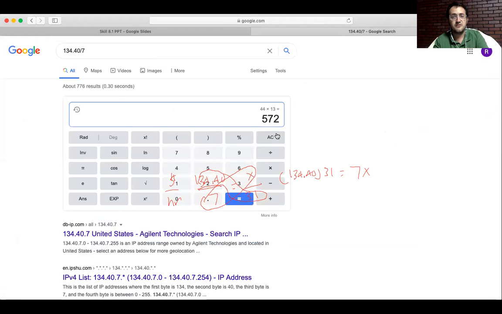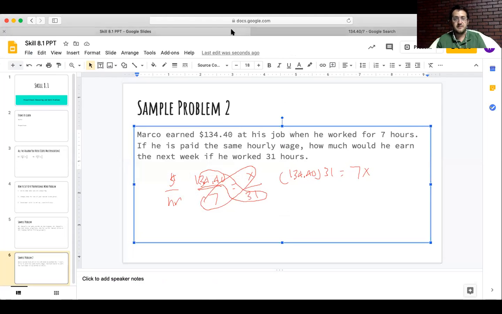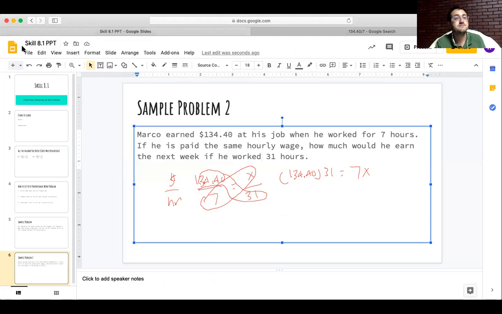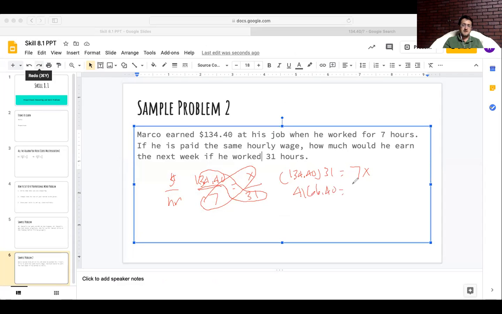So I'm going to do 134.40 times 31. That's going to be 4166.40, equals 7x.